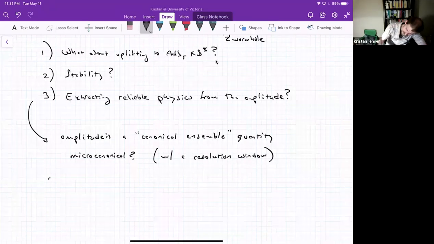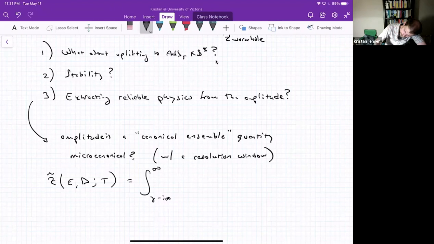Well, in that case, say we fix the two energies to be the same. We have a resolution window, and I'm going to introduce another parameter, t. How do we do this? Well, we integrate over the betas, the sort of thing that we would do in an inverse Laplace transform.